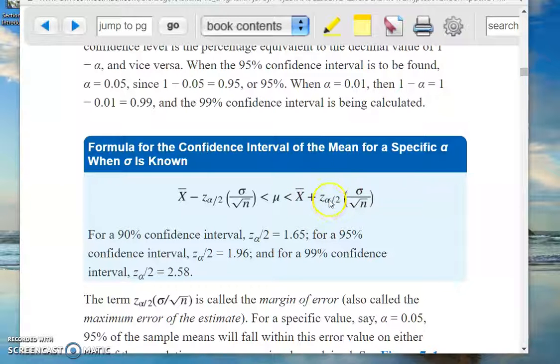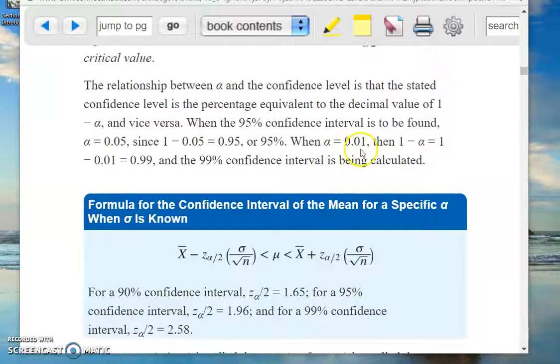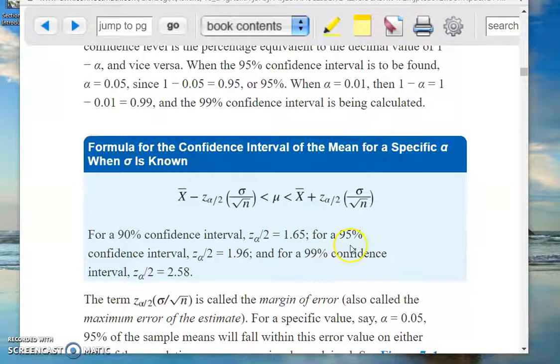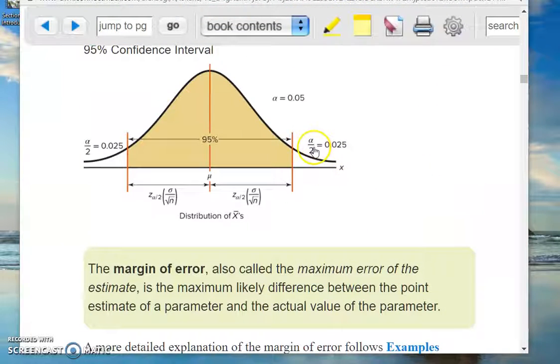It all depends upon what the alpha is, and the alpha is the allowable error. So if you're saying you want a 95% confidence level, as an example, that means that you can be wrong. Alpha over 2, it's 5% over 2, it's 0.025.